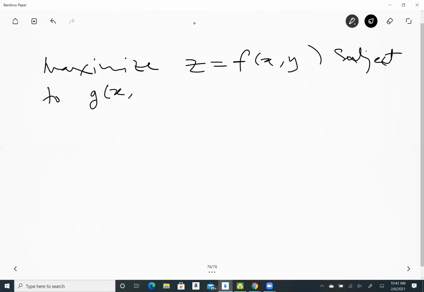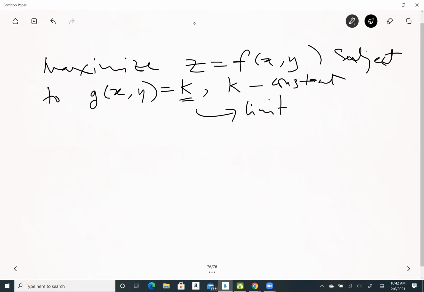We call it g(x, y) equal to k, where k is a constant. That means the limited resources. That is the limitation. We cannot go beyond that constant. That is our limit.